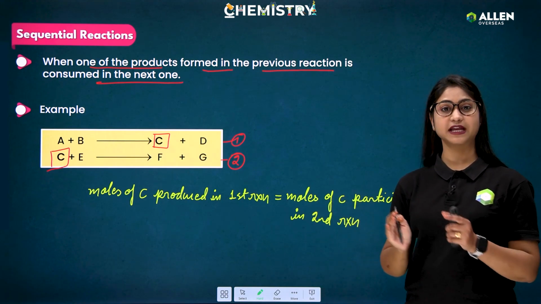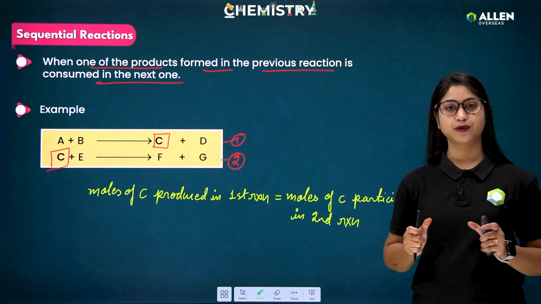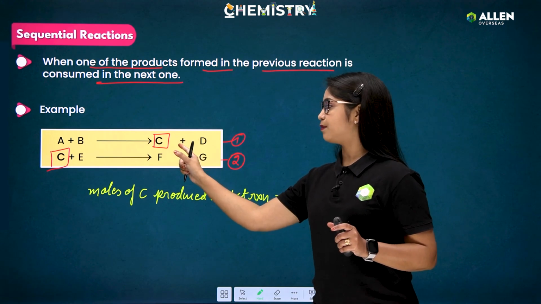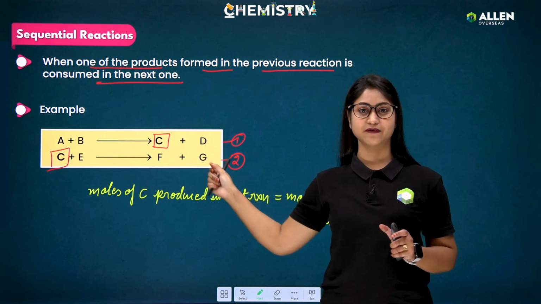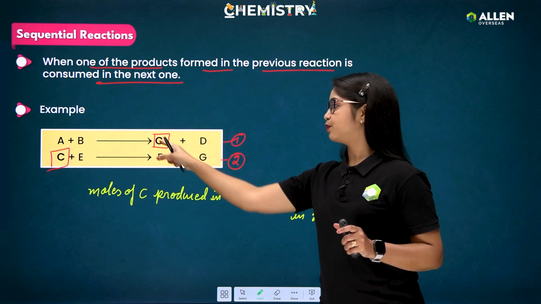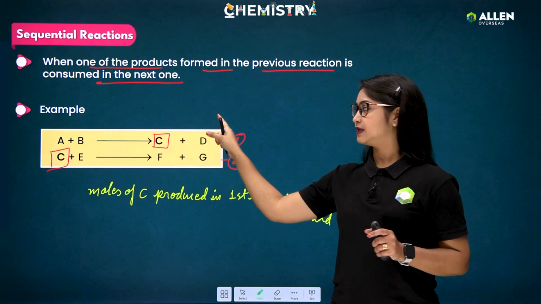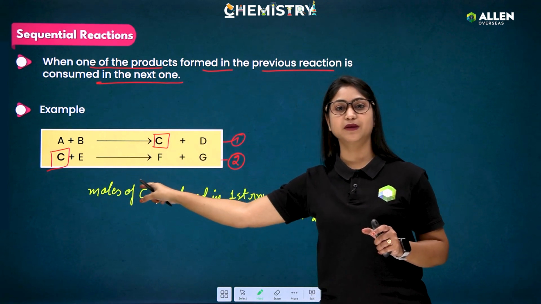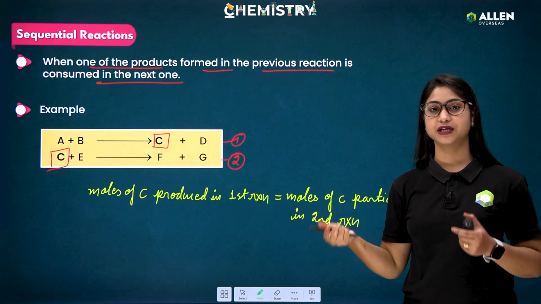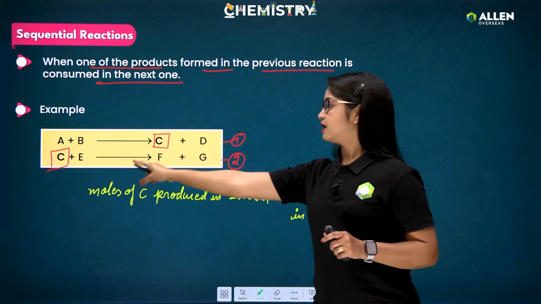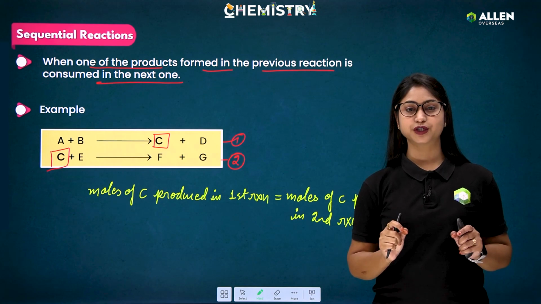This is a very important part about sequential reactions: whatever moles of C will be produced in the first reaction, that same number of moles will take part in the second reaction. Here you can see that the stoichiometric coefficient is the same.